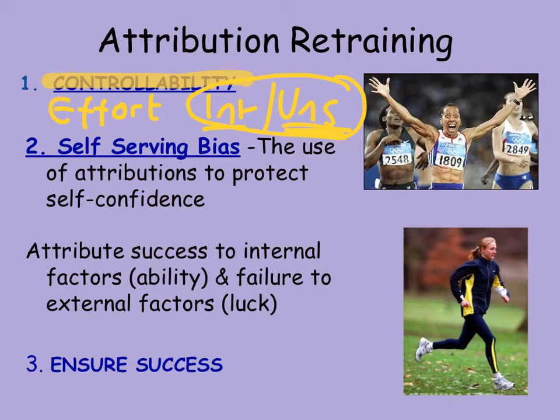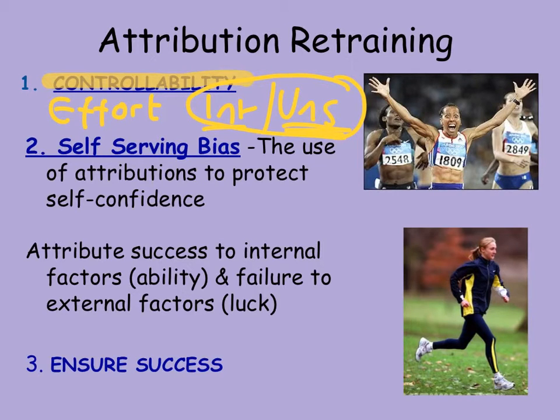If I fail and I attribute my failure to a lack of effort or a lack of quality training that week, the impact is that I'm going to try to improve the amount of effort I've put in, the quality of my training, and that will improve us. So controllable attributions are good ones in the long term because they're going to actually improve us as performers.